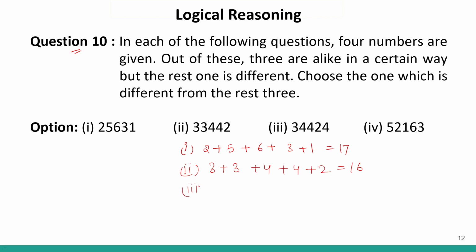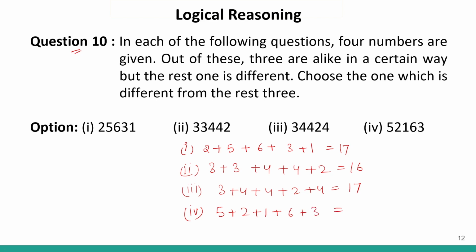Then look at option number 3. So 3 plus 4 plus 4 plus 2 plus 4. So 3 plus 4, 7. 7 plus 4, 11. 11 plus 2, 13 and 13 plus 4, 17. Then we have option number 4, which is 5 plus 2 plus 1 plus 6 plus 3.